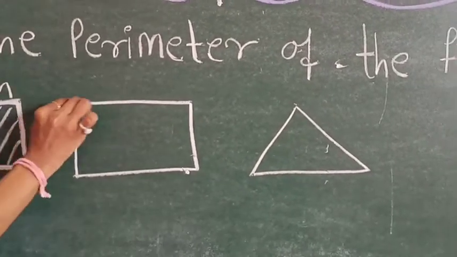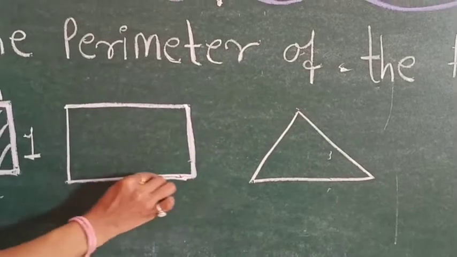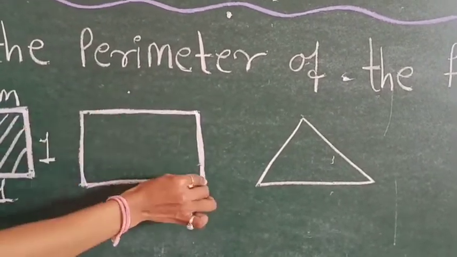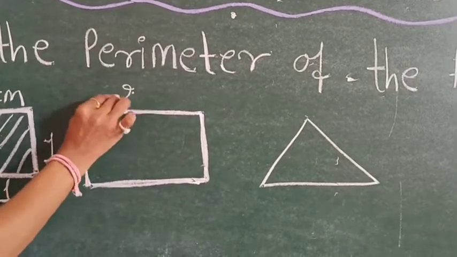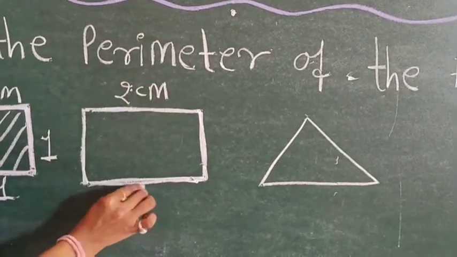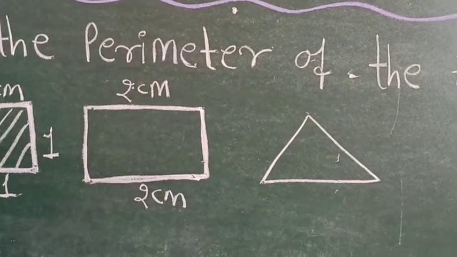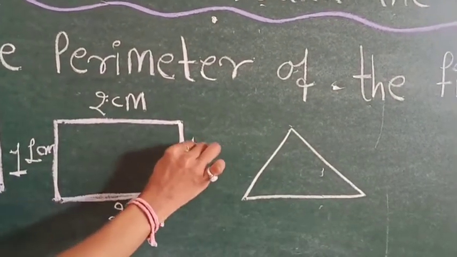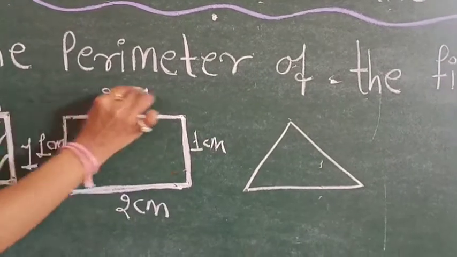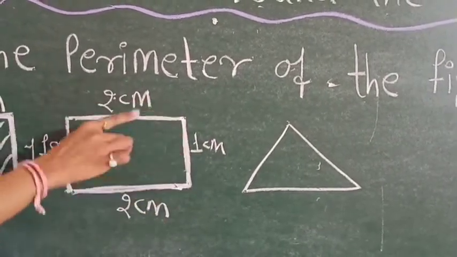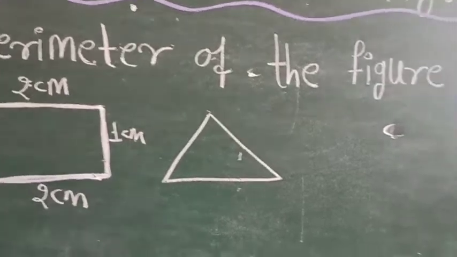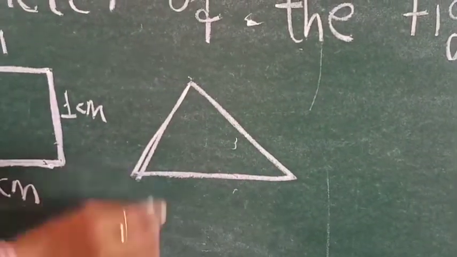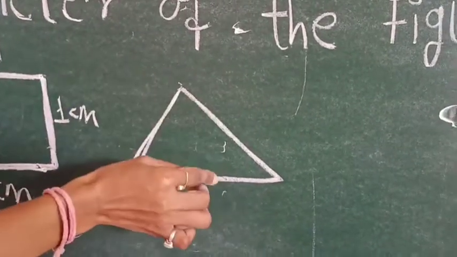Okay. Now you can see this is a rectangle. We all know in a rectangle parallel sides are equal. It means this is 2 centimeter, so this is 2 centimeter. If this is 1 centimeter, this is 1 centimeter. When you add all these distances, you get the perimeter. This is a triangle. Here all sides are equal in a triangle.